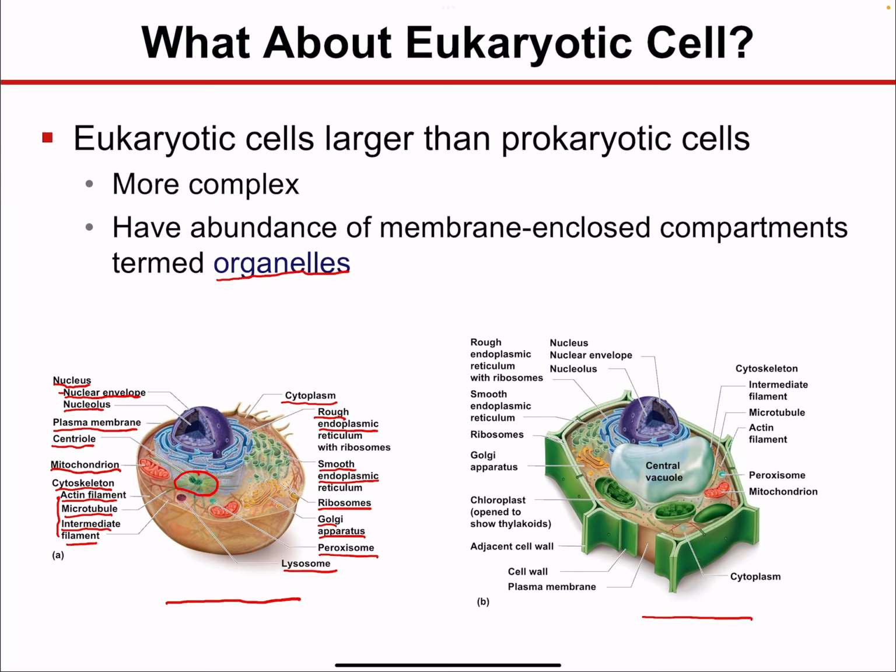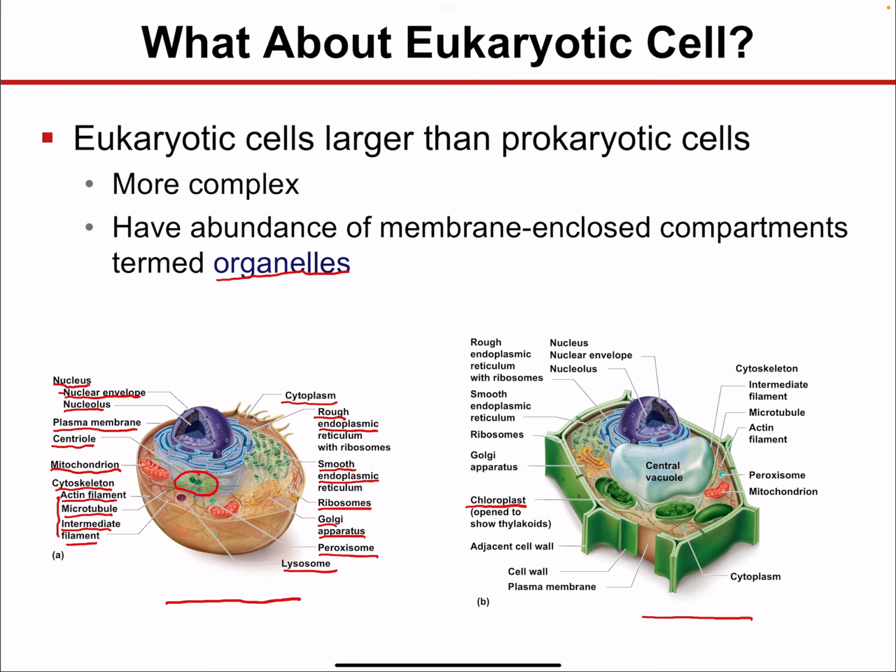Now, a lot of the structures that we find in animal cells, we're going to find in plant cells. However, we are going to have some major differences, including, for instance, the presence of chloroplasts in plant cells that you don't find in animal cells.